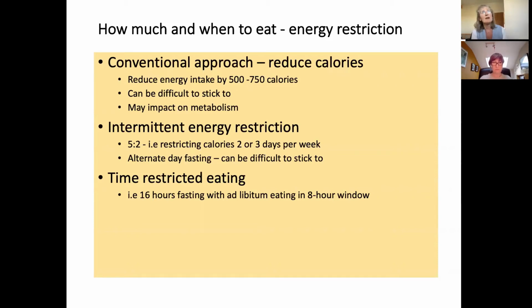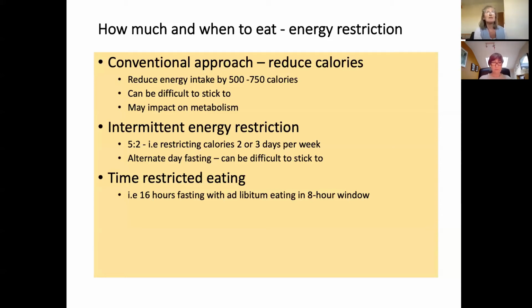Or there's what people call alternate day fasting, where basically you eat one day and you don't eat the next day. And again, that can be very difficult for people, and the evidence seems to be that it's quite a difficult regime to keep to.